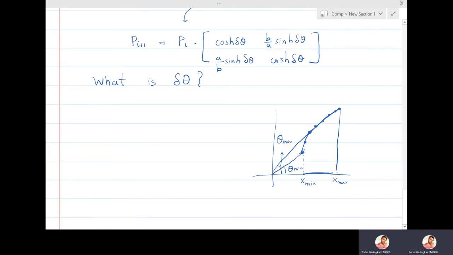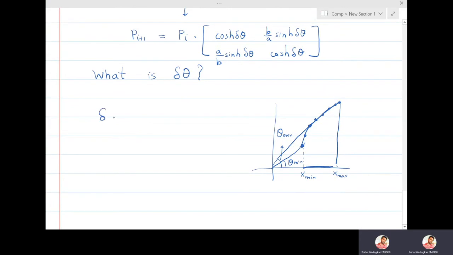So in this case, we know if the arc is open, you have to divide the total angle by n minus 1. So Δθ here will be how much? It will be θmax minus θmin divided by n minus 1 to generate n points.